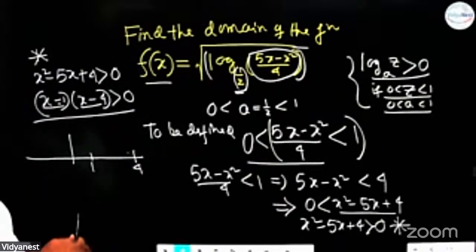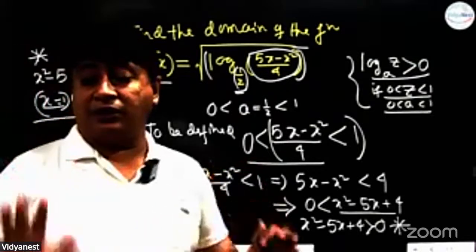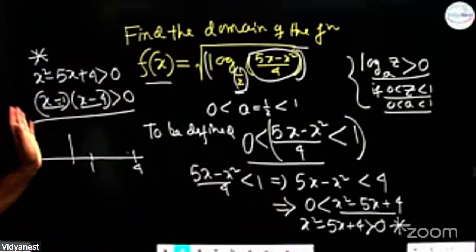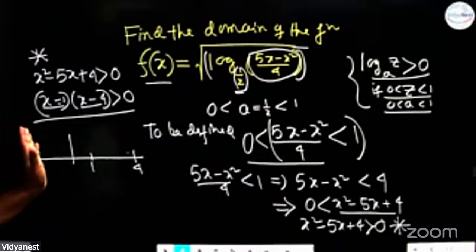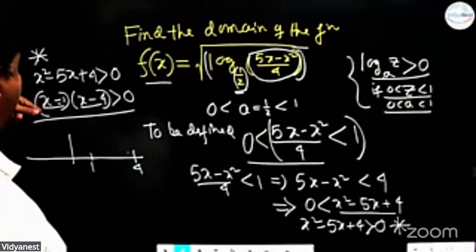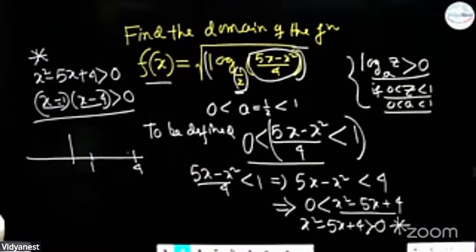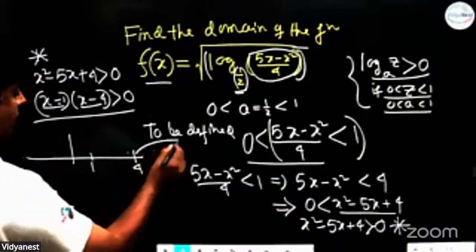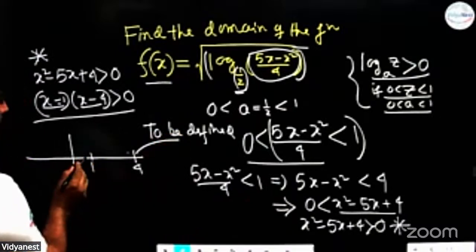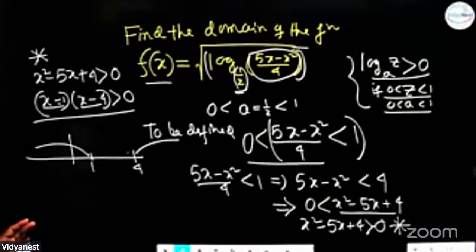So there is no such x between 1 and 4 for which this condition is satisfied. So x lies away from that, to the left of 1 and to the right of 4.